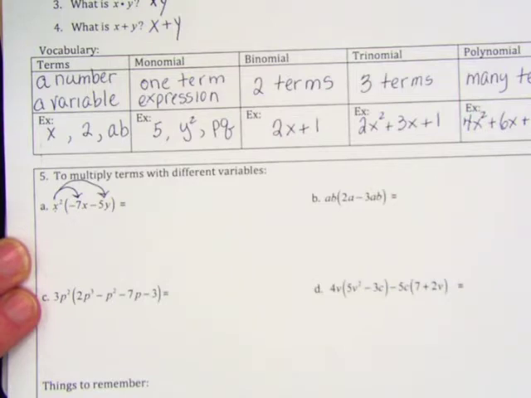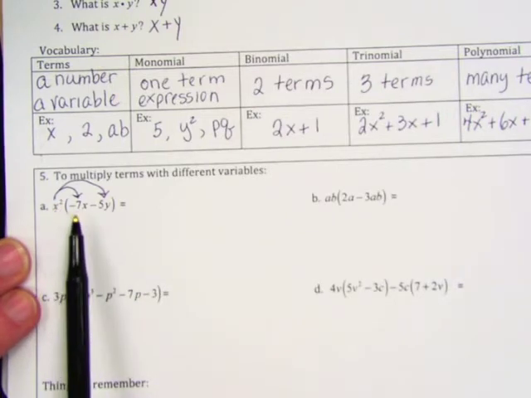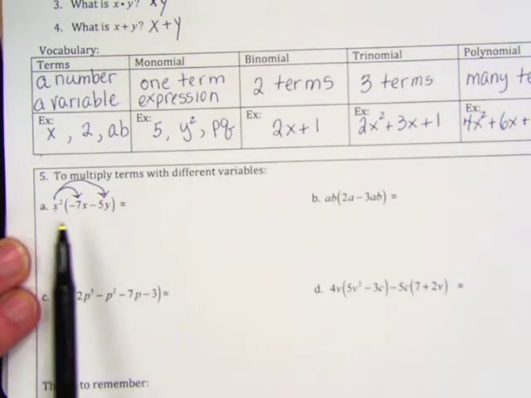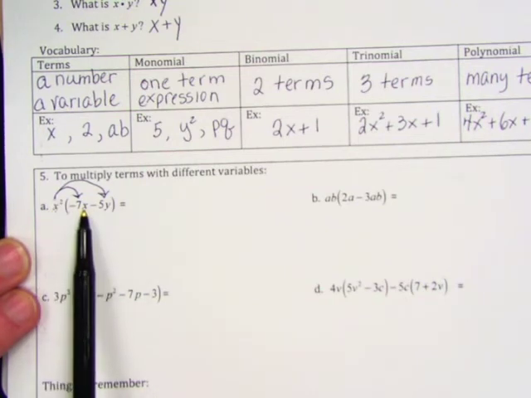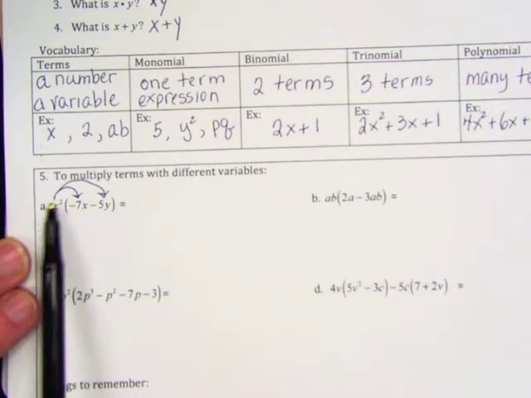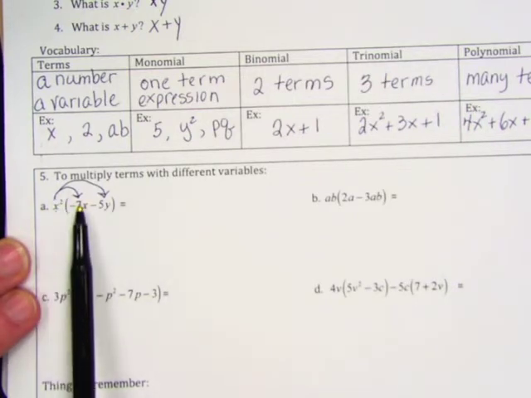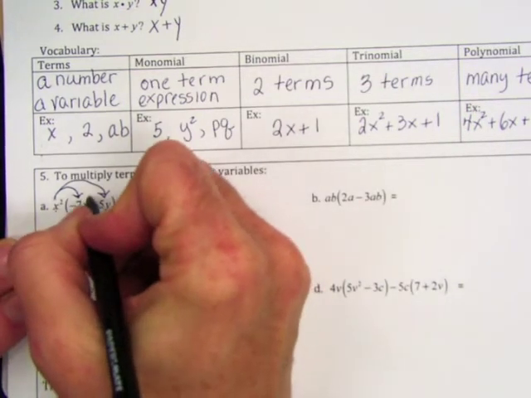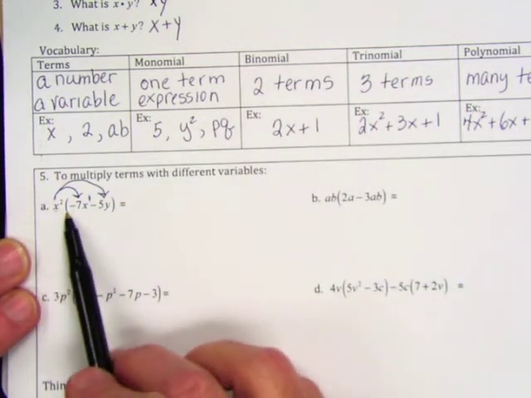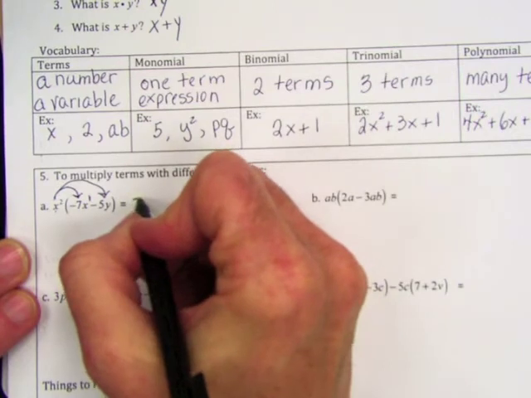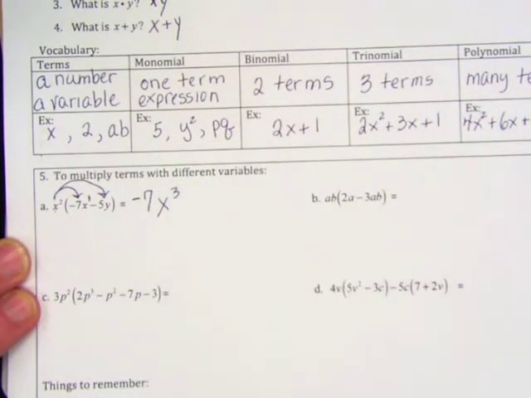So in this first example, it will be x squared multiplied by negative 7x. So in our last objective, we learned that when we multiply an x squared times an x, we will add the exponents. This is a 2, this is a 1, so there's a 1 on that x. And so x squared times negative 7x becomes negative 7x cubed.